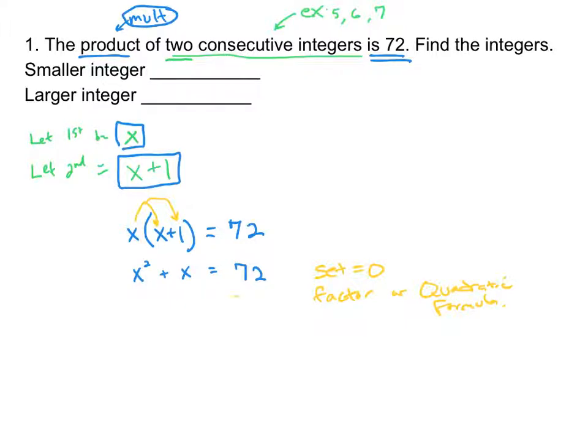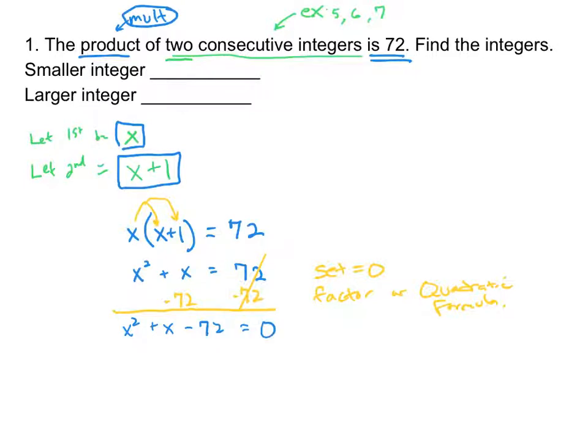So set equal to 0, that means we're subtracting 72 to get it away from the right. Subtract 72 on both sides, and we've got x squared plus x minus 72 equals 0.